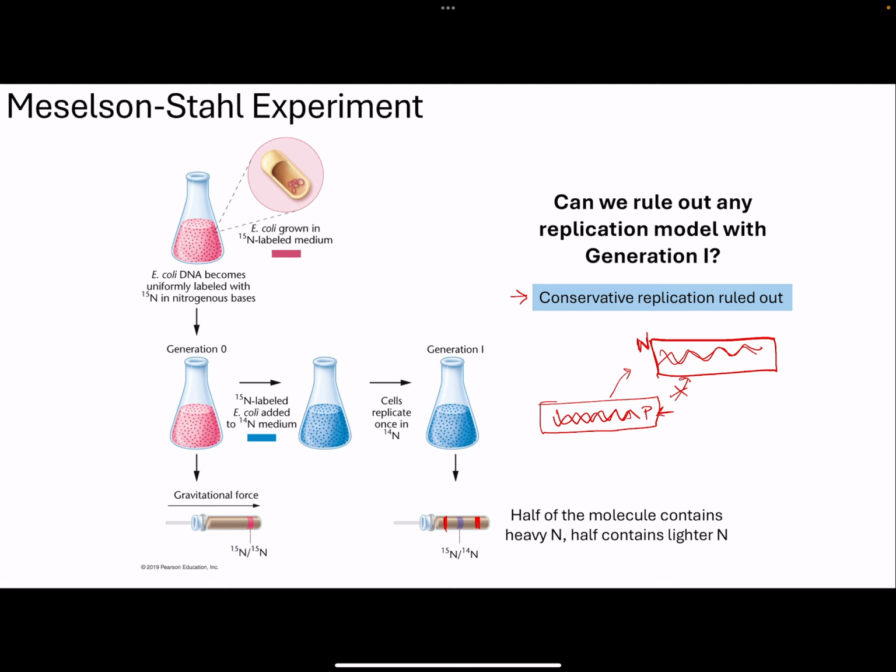So a case where N15 still exists and our N14 still exists. Separately. But because we have a hybrid, this suggests that the new DNA molecules have to have some hybrid component of them. One strand is N15, the other strand is N14, or perhaps there's this dispersive model where you have N14 followed by N15, followed by N14, followed by N15, etc. So we can't rule out the dispersive model yet.